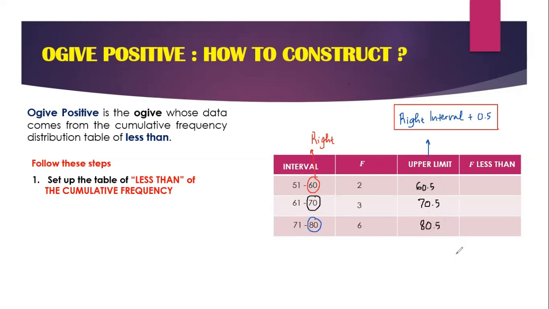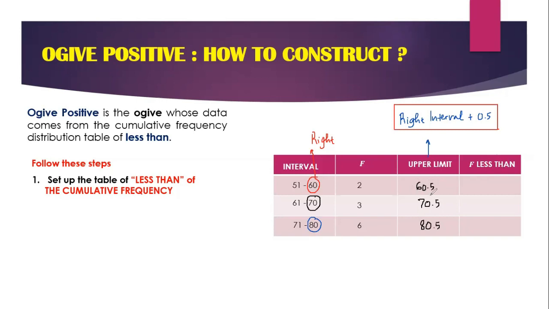Is it clear, everyone? Now we are going to F less than. How to read the filling of the F less than column? For example, F less than means the frequency less than 60.5.